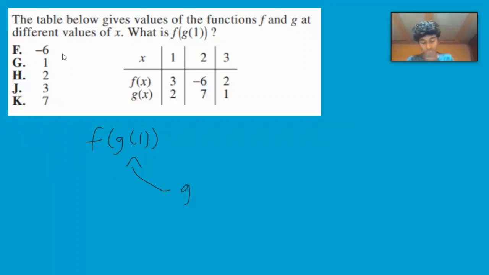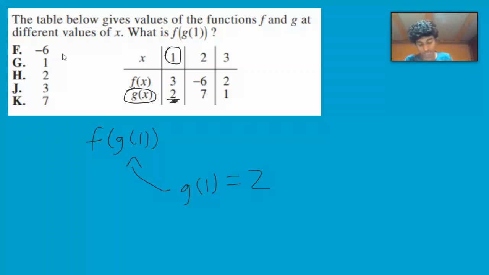So we need to know what g of 1 is. Well, we look at our table. This table gives the values for g of x at different x values. So we want to know what g of x is when x is 1. We see x is 1 right here. So g of 1 is 2.